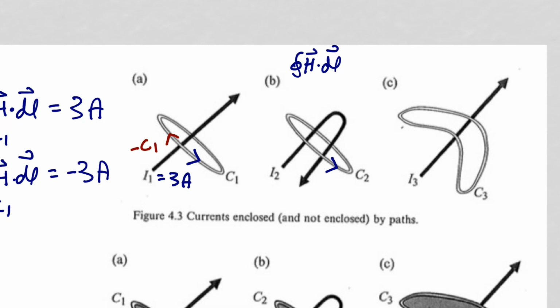So you have 3 amps flowing in this direction through the path and 3 amps flowing in this direction through the path. So those currents sum to 0. So the integral of h dot dl is going to be 0 around path C2.